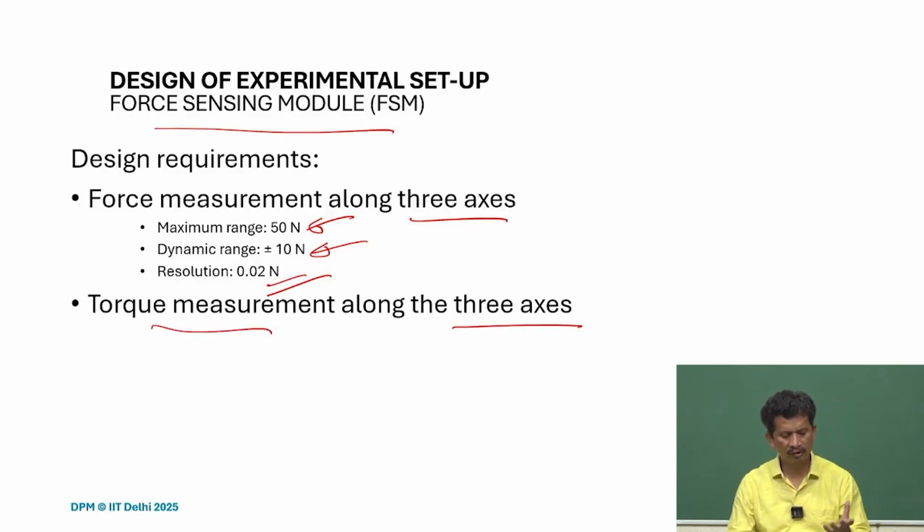In fact we want to measure all 6 components: 3 translation, so the forces along the translation directions, and along the rotation directions, if we constrain, we get the torques, so 3 torque values.